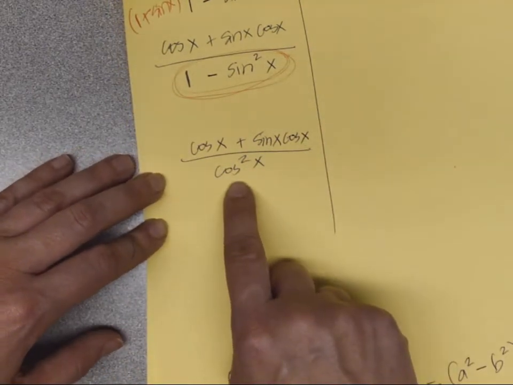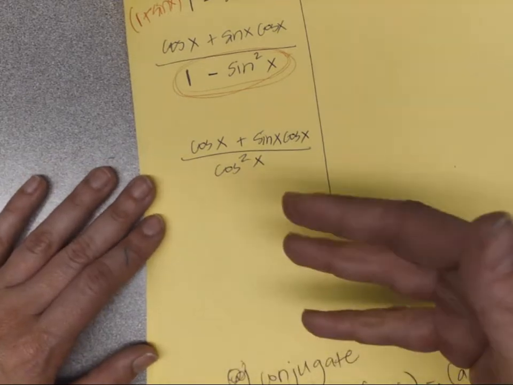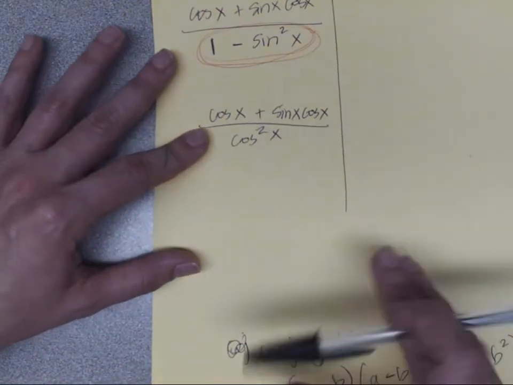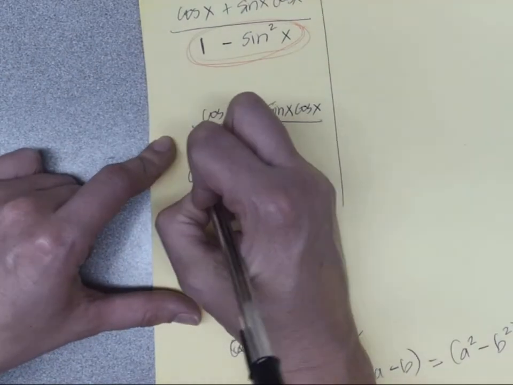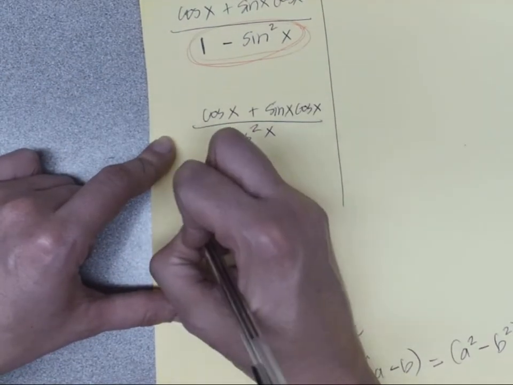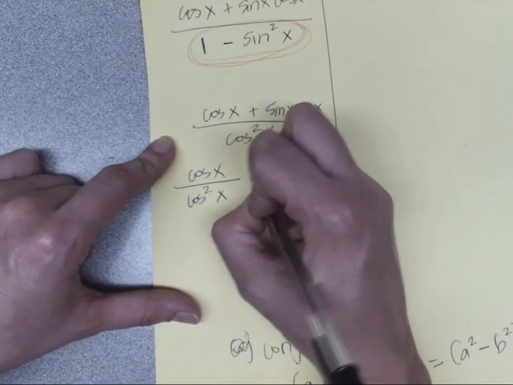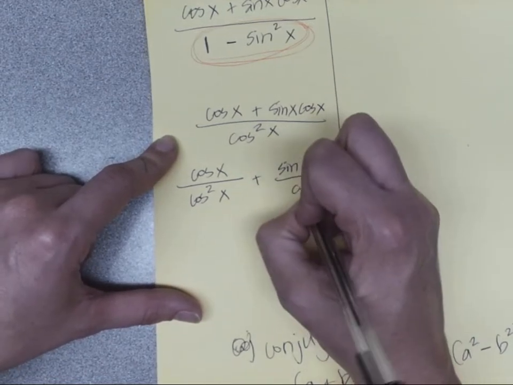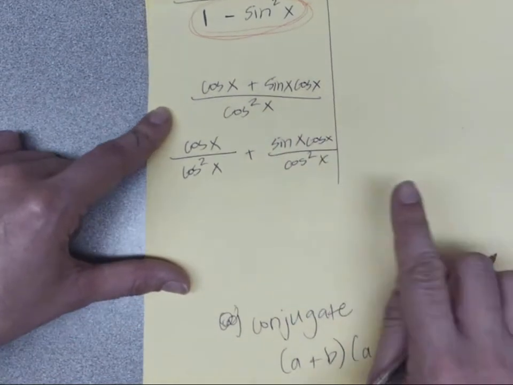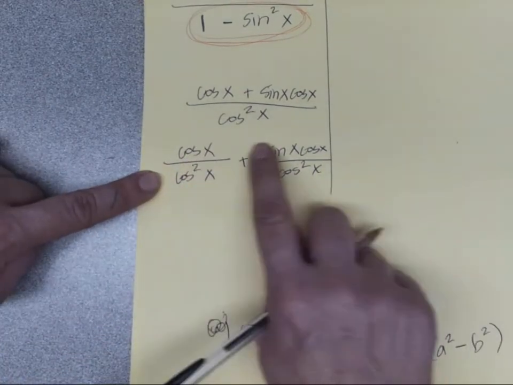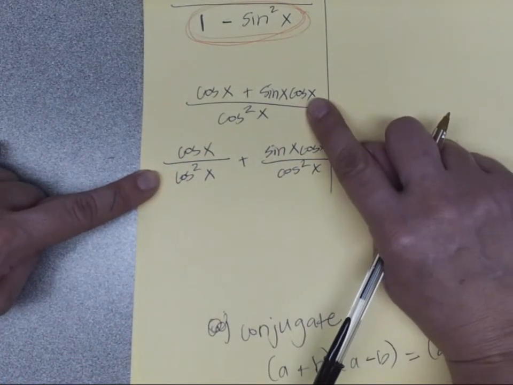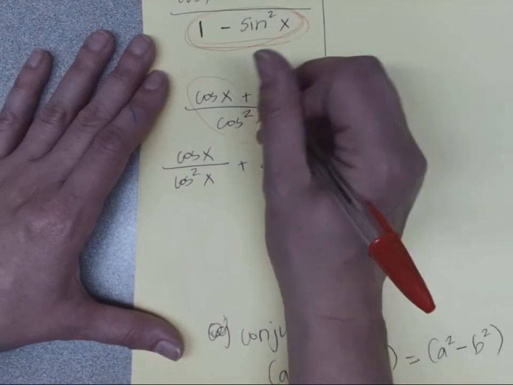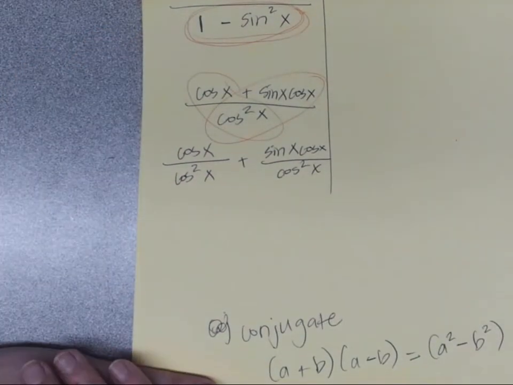This is like undoing a common denominator. So I can break this apart into cosine of x over my denominator, cosine squared x, plus sine x cosine x over my common denominator of cosine squared x. And you can check: if I add across the top and keep the bottom, do I get back to here? Yes. So it's the idea of breaking it apart into this plus that.